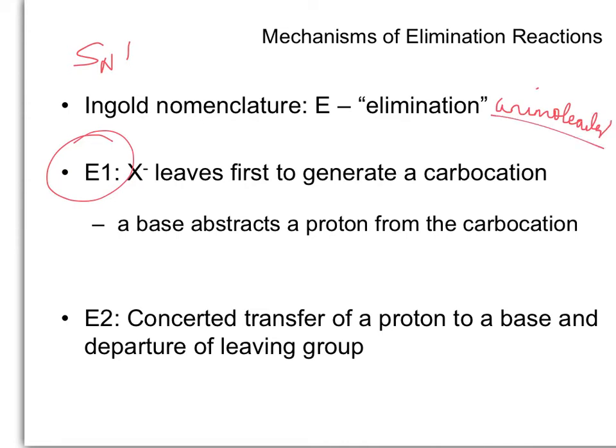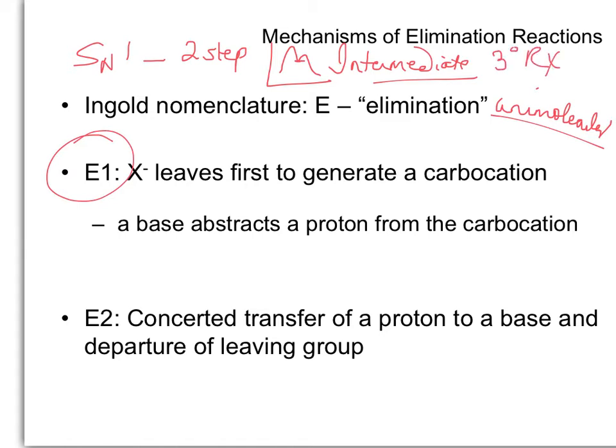Hopefully you recall that it was a two-step process, and energy-wise, the valley that you see between the two humps basically gives you an intermediate. And it was specifically for tertiary halides.